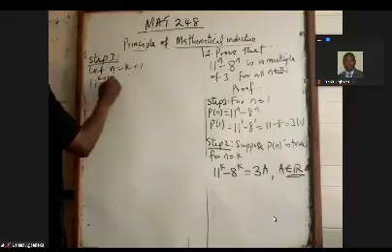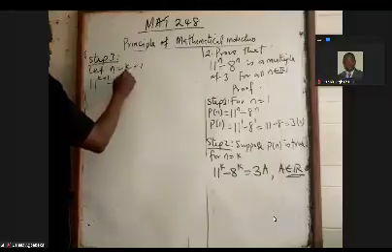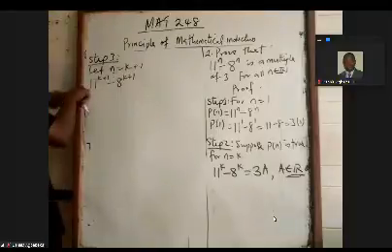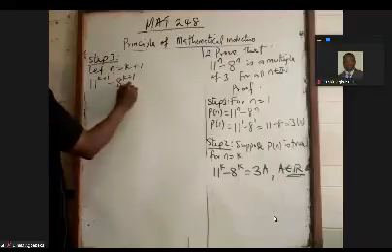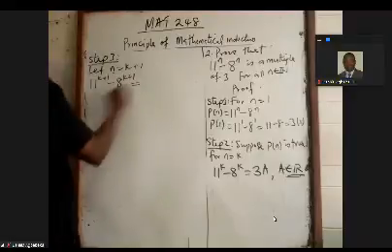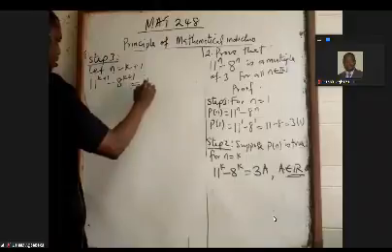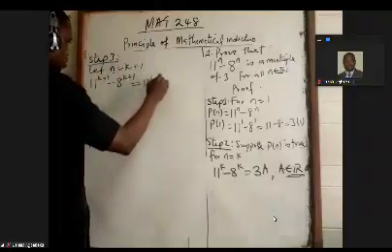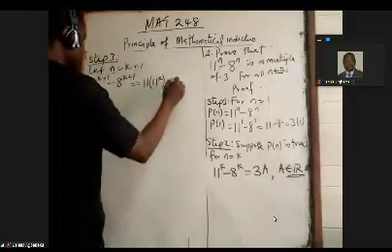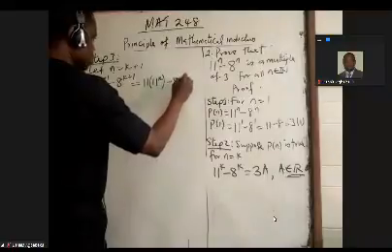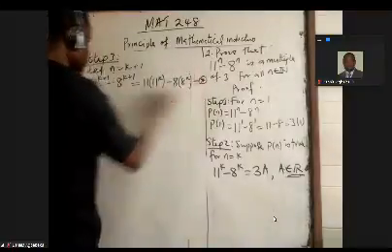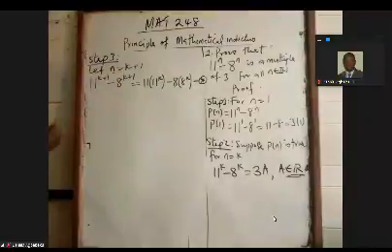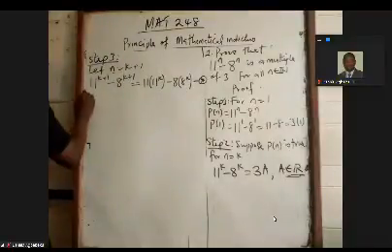Now, from step 2, don't forget step 2 is an assumption. We have that 11 raised to power k minus 8 raised to power k is equal to 3a. It's an assumption, so we can make use of it. We make 11 raised to power k the subject of the formula to get 11 raised to power k is equal to 3a plus 8 raised to power k.